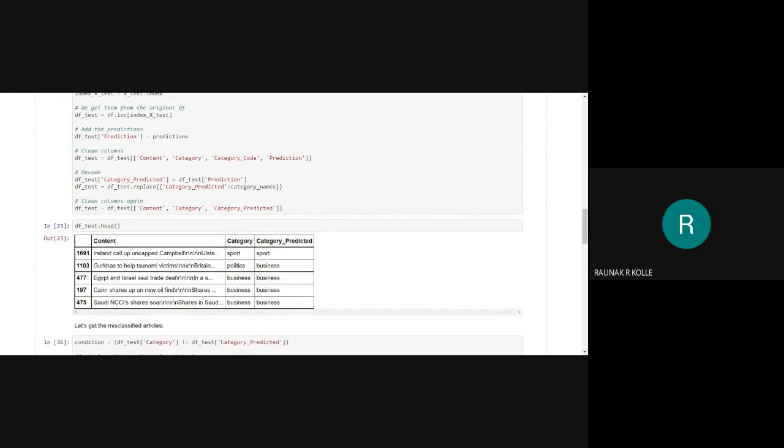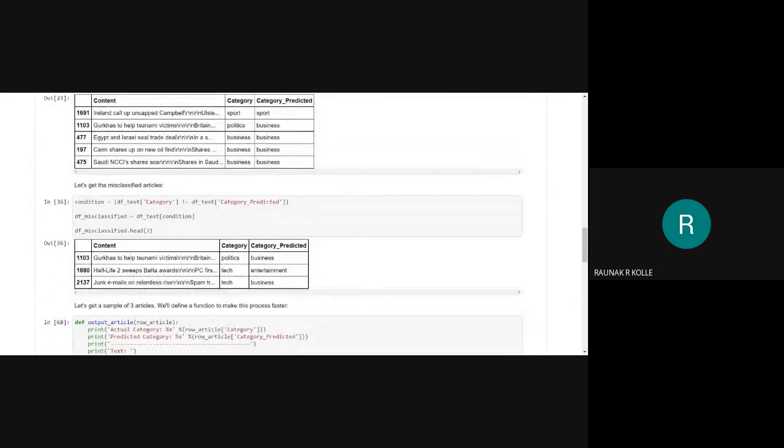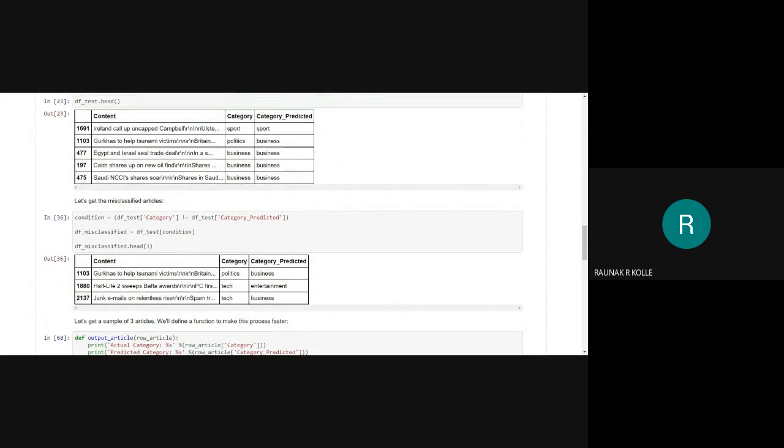Let's get the misclassified articles. We have 3 misclassified articles here. The one we saw earlier, Gurkhas to help tsunami victims, where the category was politics, but the predicted category was business. Next, we have Half-Life 2 sweeps BAFTA awards.